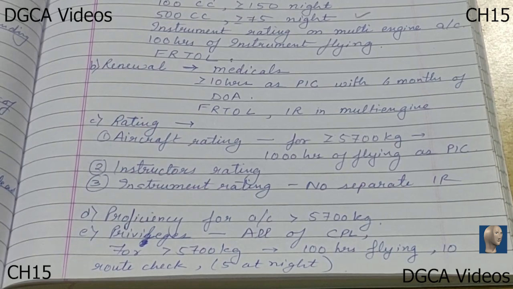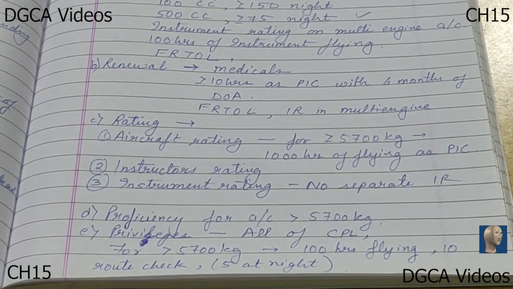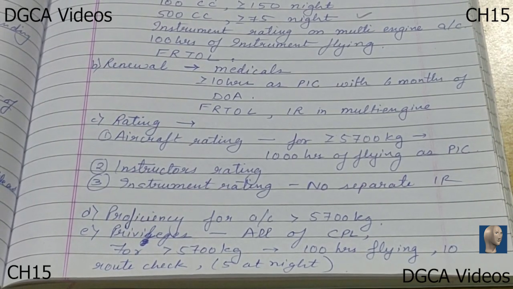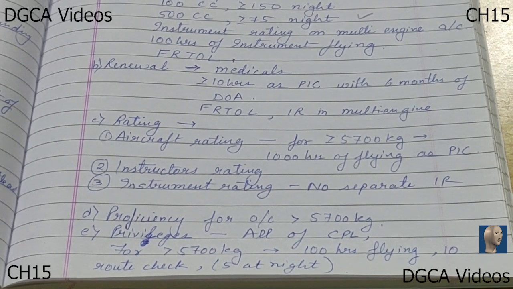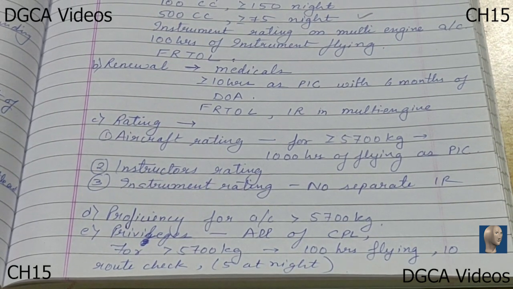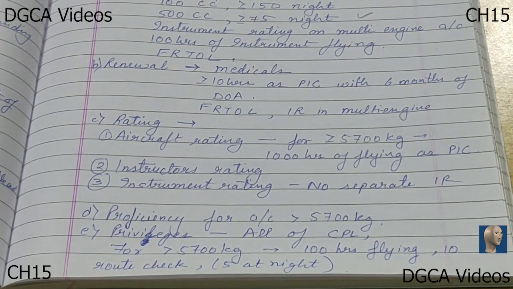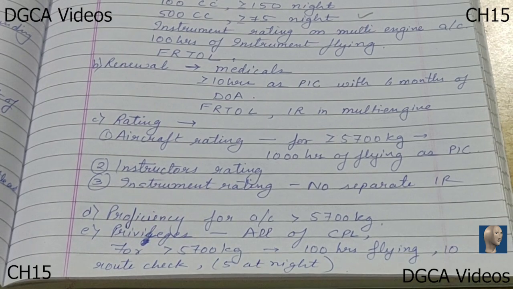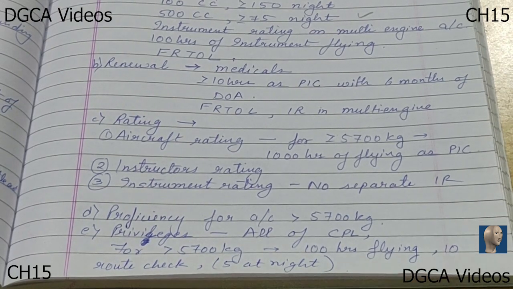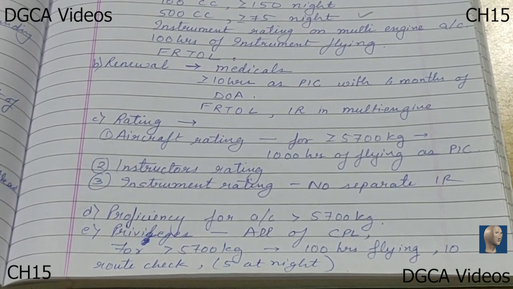Privileges granted are all the same as that of the CPL license holder, and for the aircraft greater than 5700 kg weight, the criteria is 100 hours of flying, 10 route checks and 5 route checks at night. These 5 route checks are included within this 10, so a total of 10 route checks.